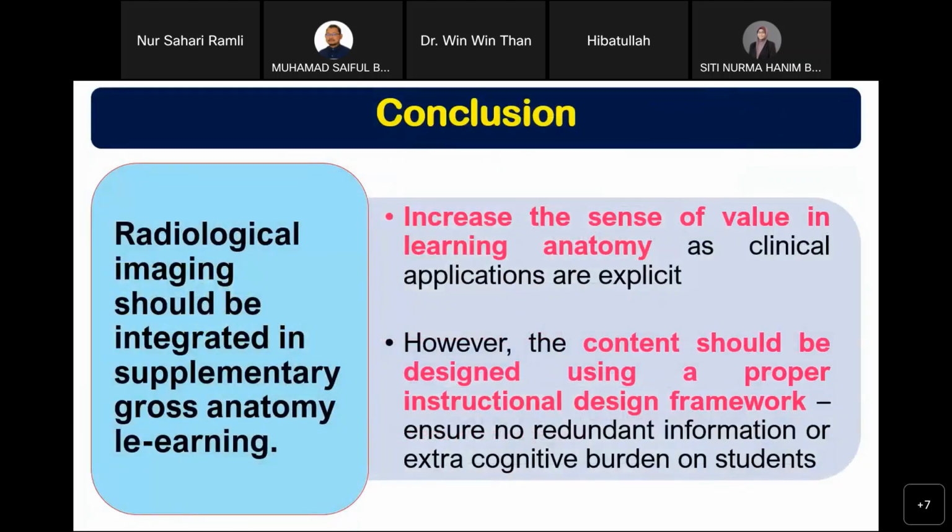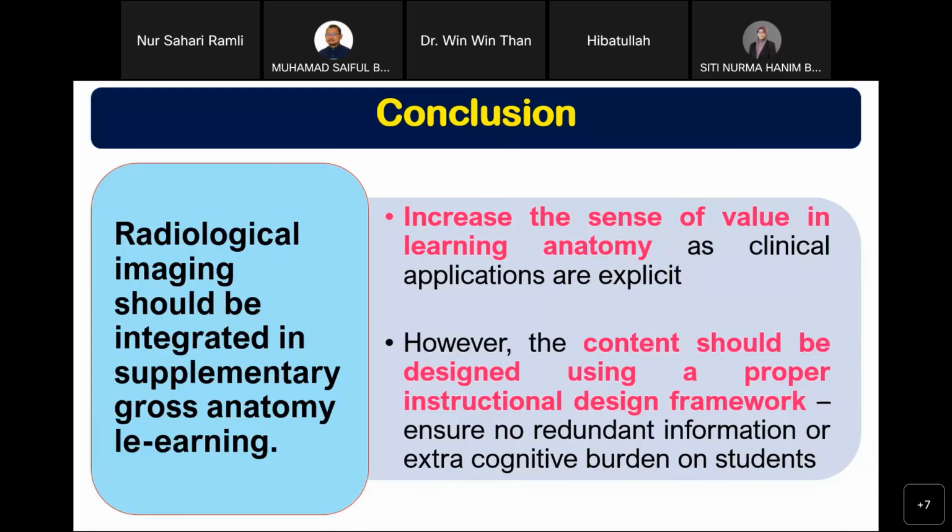So basically, to conclude the topic today, we say that radiological imaging should be integrated in supplementary gross anatomy e-learning, because the integration of radiology as the clinical context will help to increase their sense of value in learning anatomy, and hence they would be more engaged.